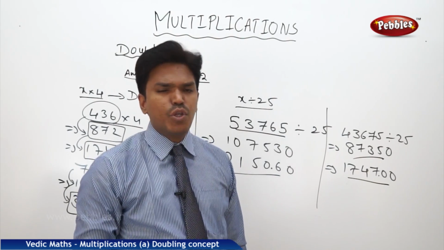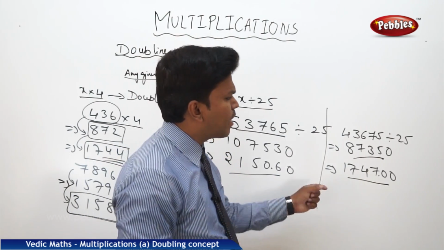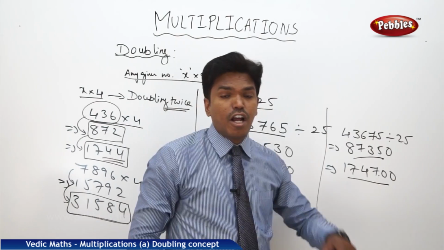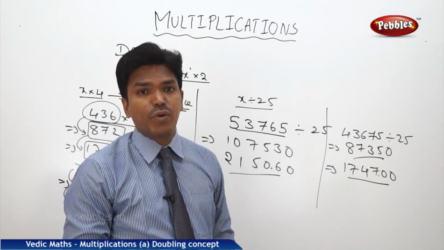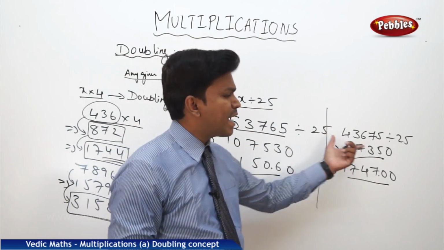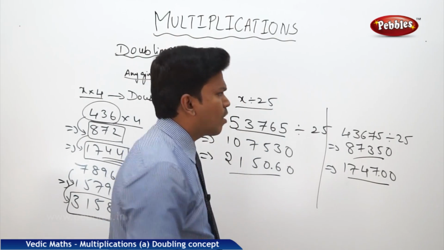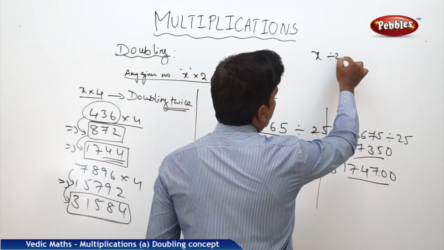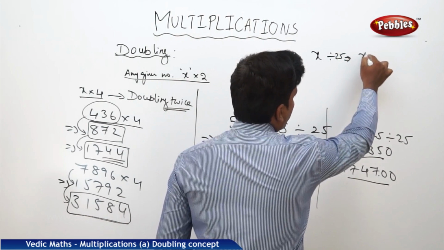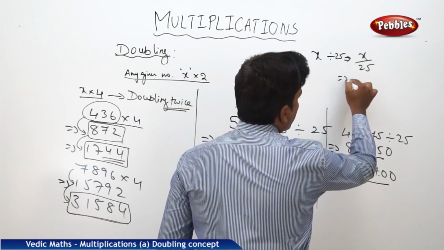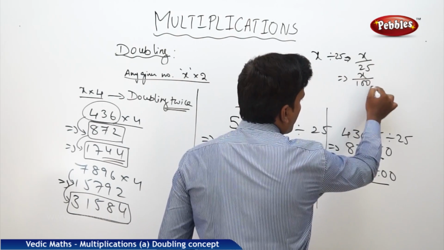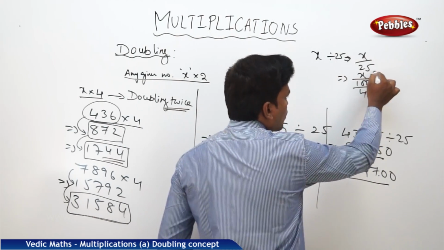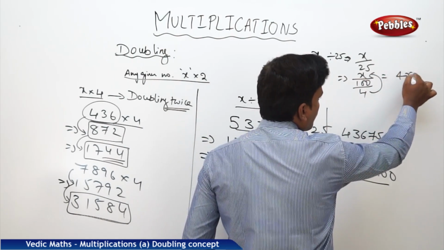You may get one doubt: why are we doing doubling twice and putting a decimal point after 2 digits from the right when we want to divide a number by 25? Now I will tell you the logic. Whenever you want to divide any number by 25, that is x by 25, 25 can be written as 100 by 4. Yes or no? If 4 goes up, it is nothing but 4x by 100.